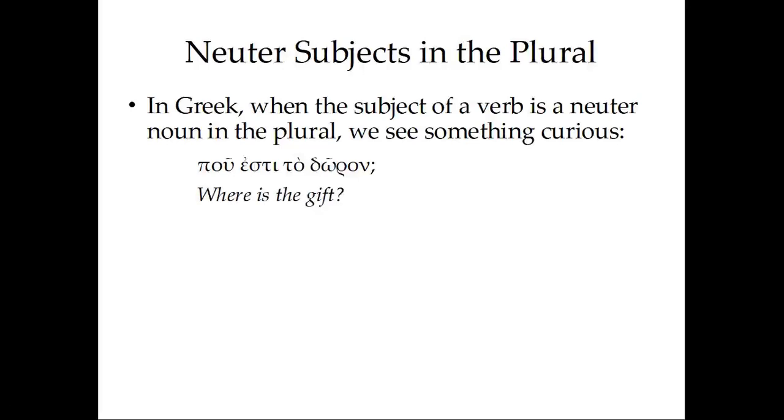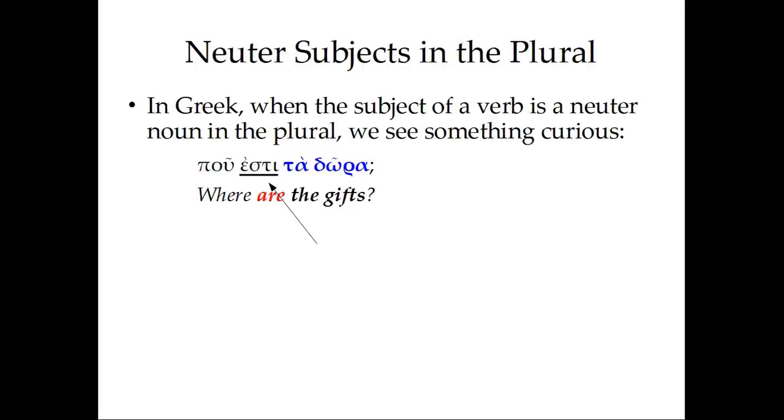Now, if we change our subject to plural, we get Pou este tadora. Where is the gifts? We've just changed the noun, and obviously this is not good English, so we want to change is to are. But the form of the verb in Greek does not actually change.